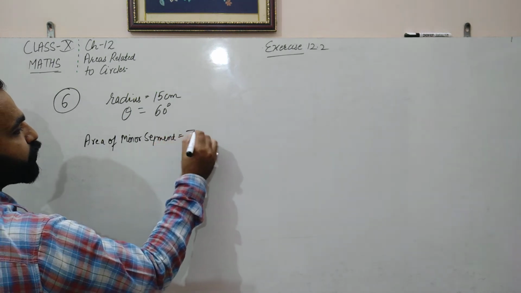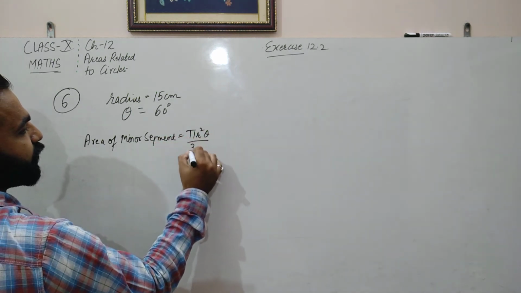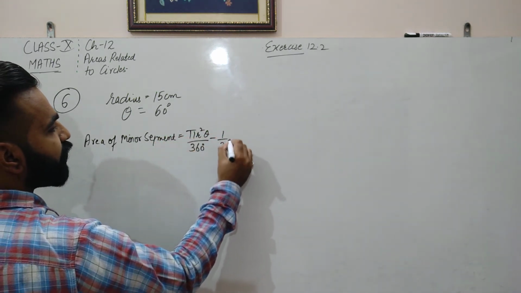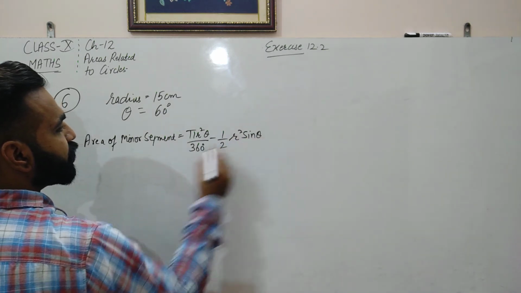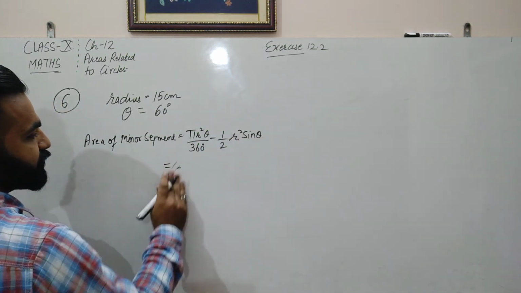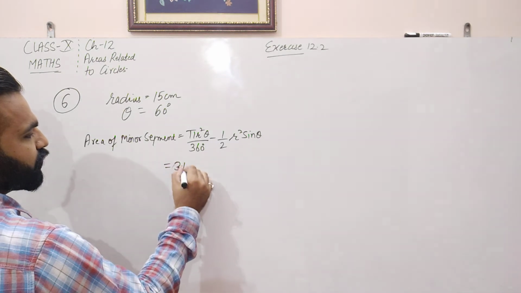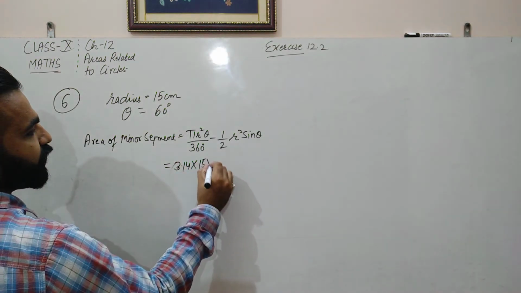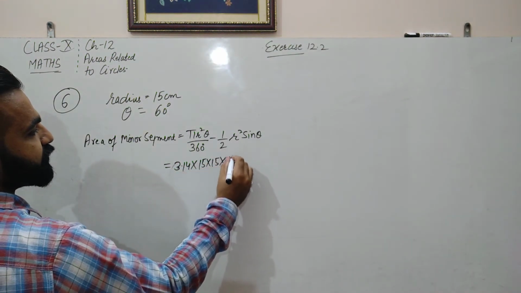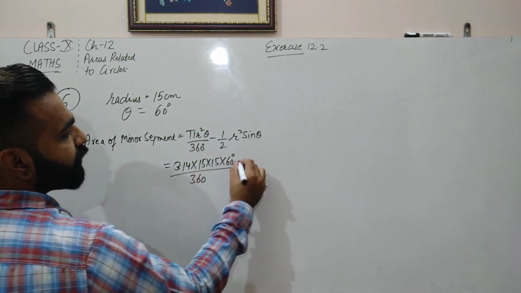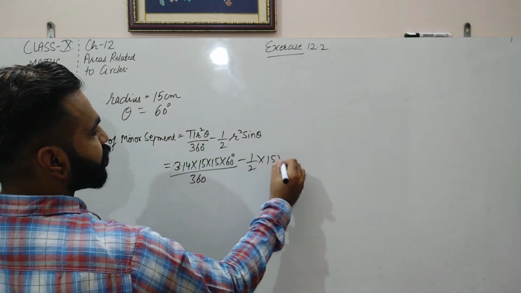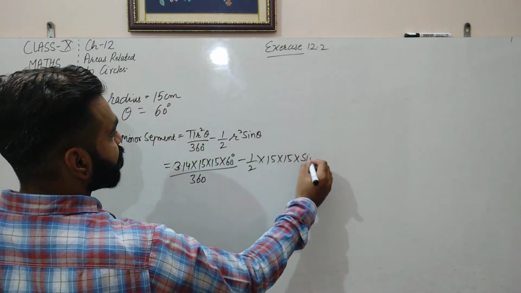This is equal to pi r square theta divided by 360 minus half r square sine theta. So pi is 3.14. 3.14 into 15 into 15, theta is 60 divided by 360, minus half 15 into 15 into sine 60.